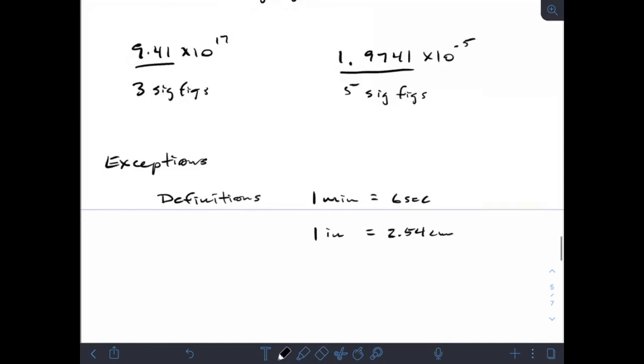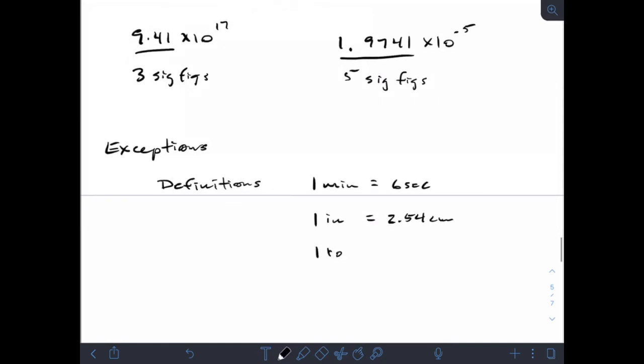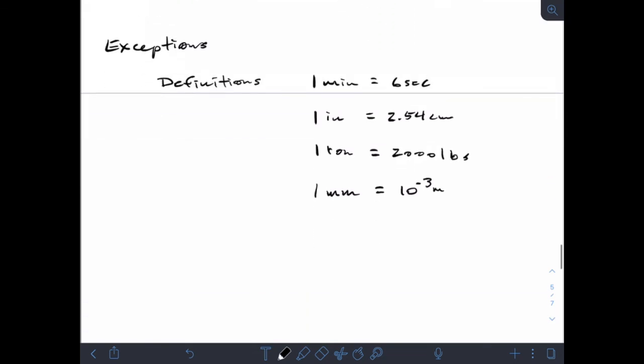That's a definition. 1 ton equals 2,000 pounds. Okay, so 1 millimeter is 10 to the minus 3 meters. These are all definitions. And definitions are said to have an infinite number of significant digits.